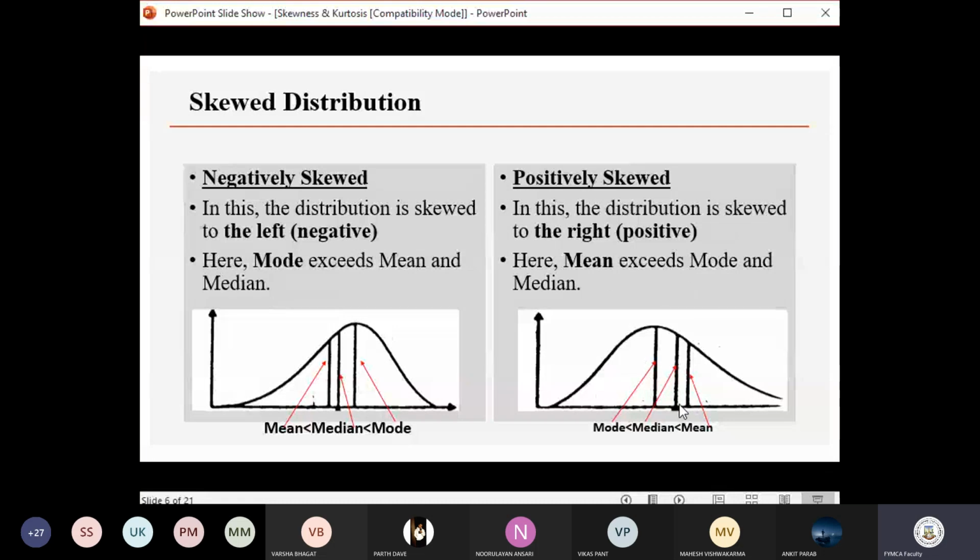In the positively skewed, your skewness is on the opposite side, on the right hand side. In this case your mean is exceeding the mode and median, but the median is going to lie on the central part. We have seen the relationship between mean, median, mode by the empirical formula.